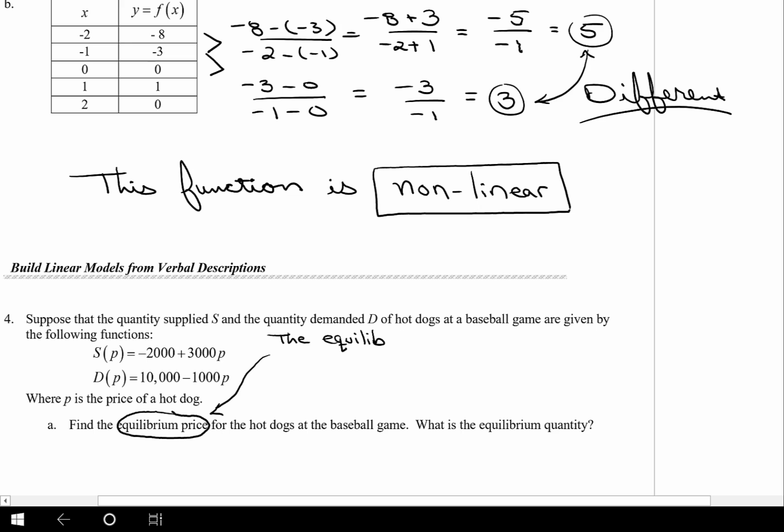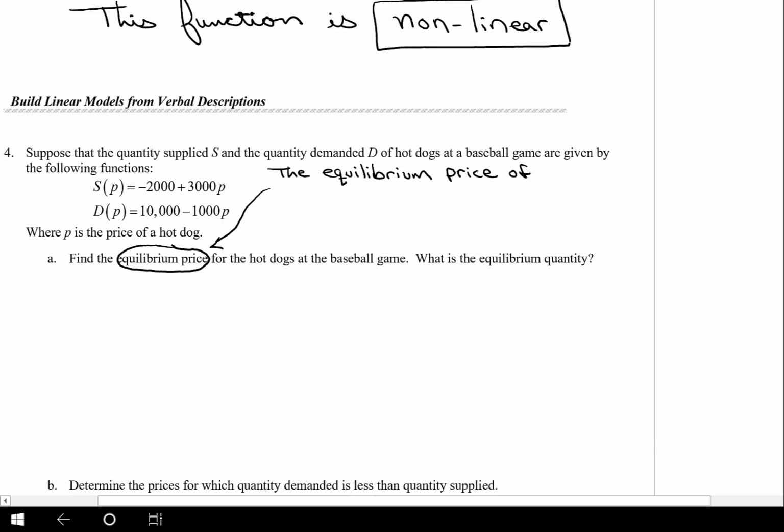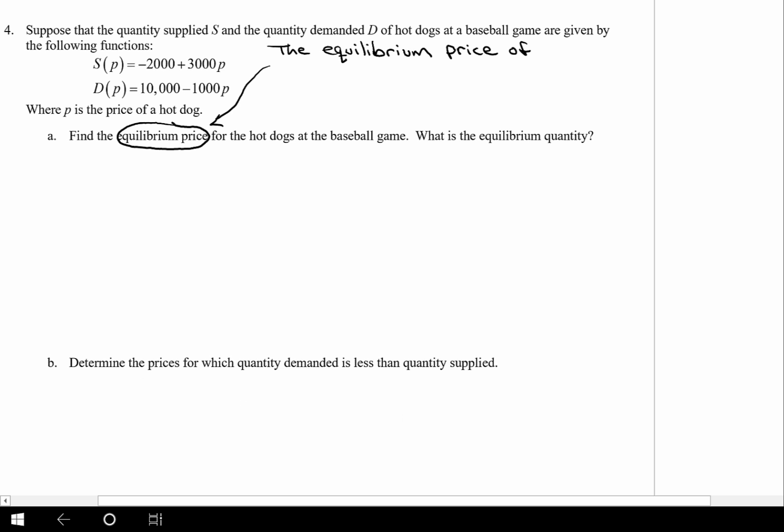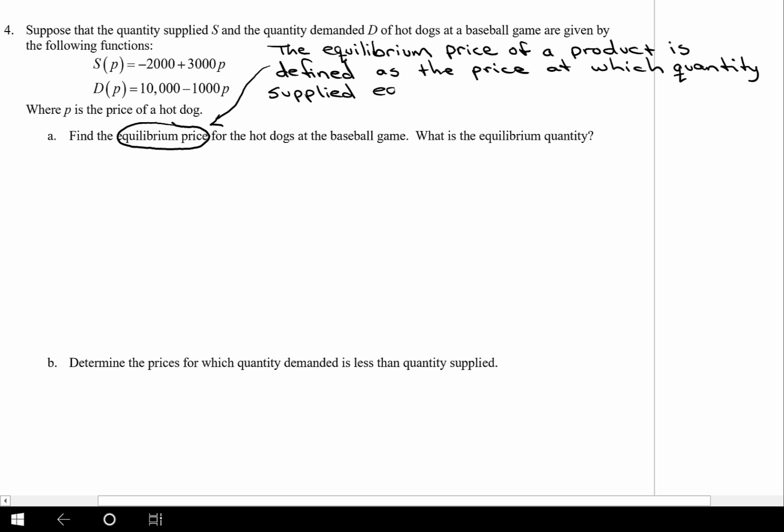The equilibrium price of a product is defined as the price at which quantity supplied equals quantity demanded. So that's what the equilibrium price means.